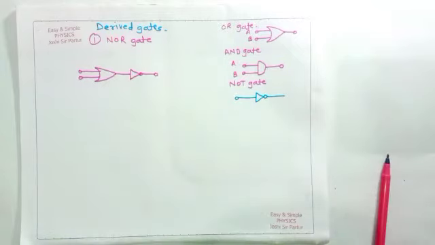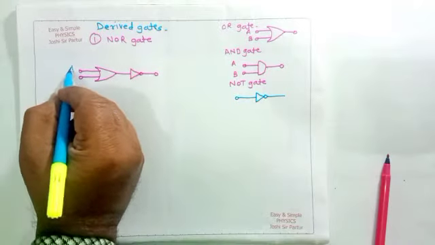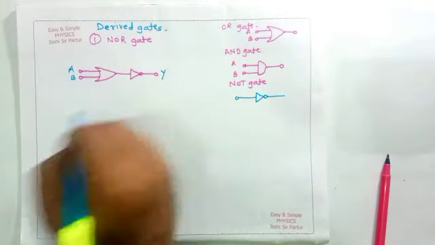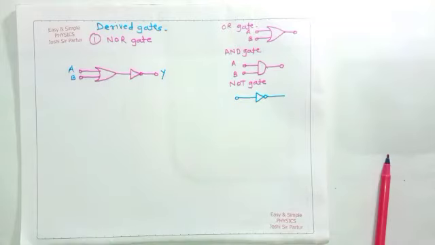So two inputs A and B, and one output is there. So we can define the NOR gate as a derived gate which has two inputs and one output, and which is the combination of an OR gate and a NOT gate.